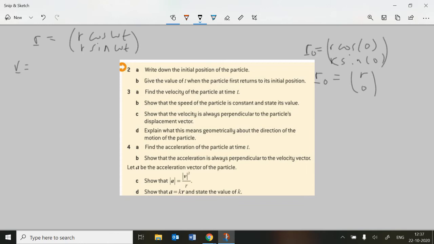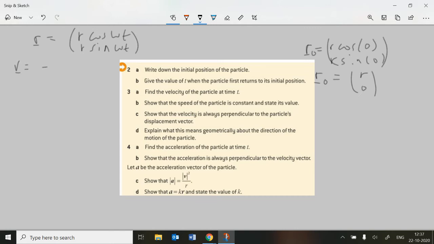So velocity is obviously just these two things differentiated. So you're going to need to apply the chain rule here. We're differentiating with respect to t, of course, because velocity is change in displacement over time, or with respect to time. So this is a function of a function inside, so we'll also need to times by the derivative of the function inside using the chain rule.